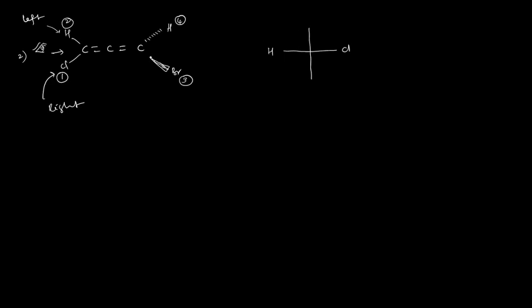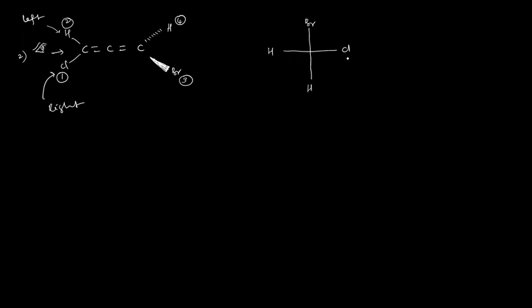Look at this wedge and dash: wedge is above the plane, dash is below the plane. Then the above the plane atom at the top is Br, below the plane is hydrogen.